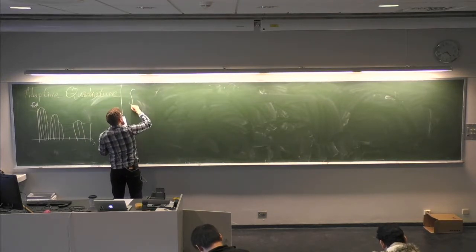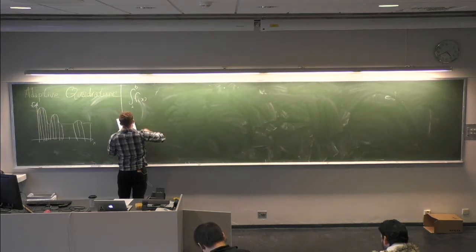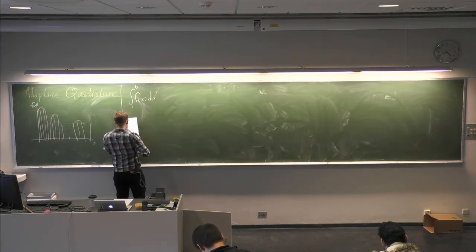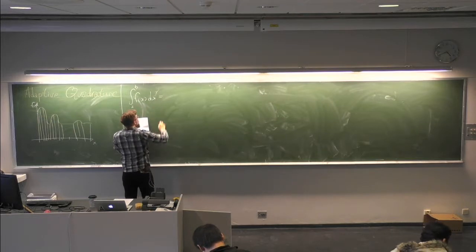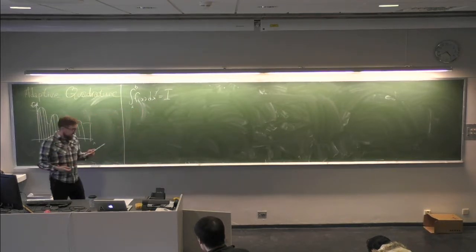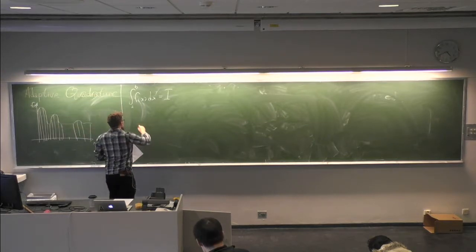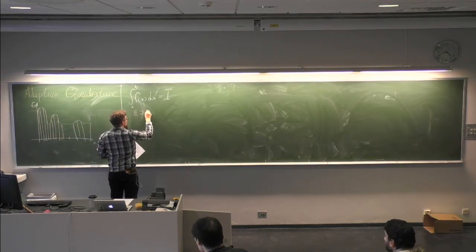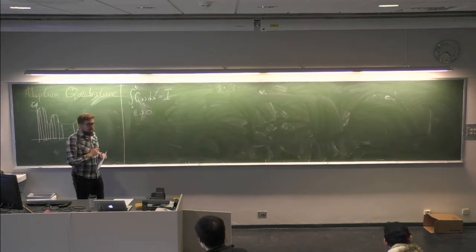Again, we want to integrate from A to B f of x dx, some kind of integral I, some kind of value. And we want to do this with some kind of specific tolerance, epsilon.